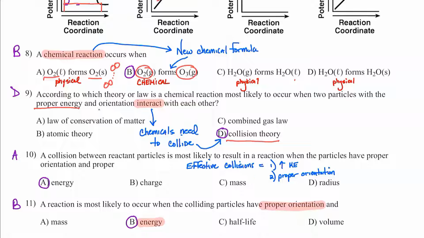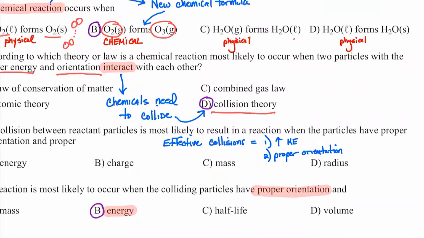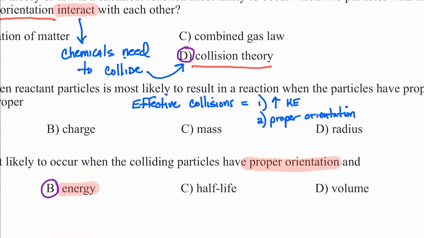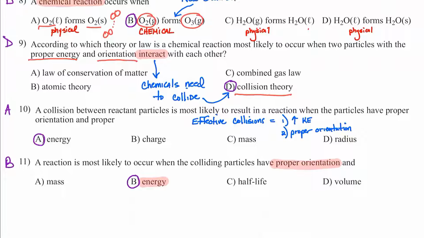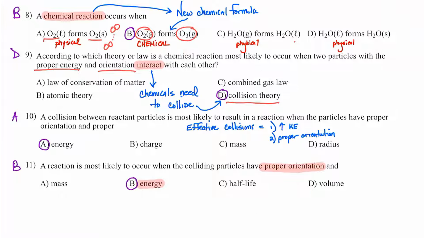And they have to hit each other in the right spots if they're molecules, not so much atoms. Those are the two things that make what we call an effective collision, which we wrote down here. They love to ask about that, and that's what we're asking about for some of these questions. So in any case, collision theory, number 9. None of the other choices are even close. I know we've been doing conservation of matter, but we're not talking about destroying a piece of an atom or a type of atom, or making one, or balancing reactions here.